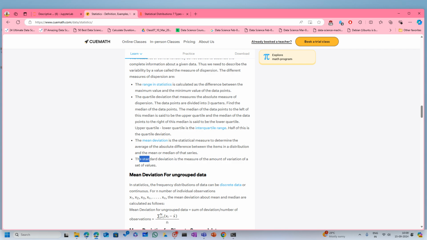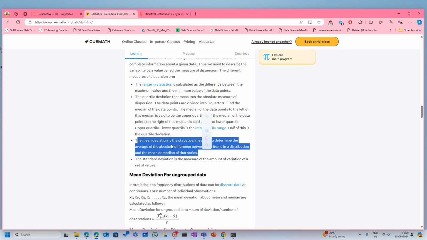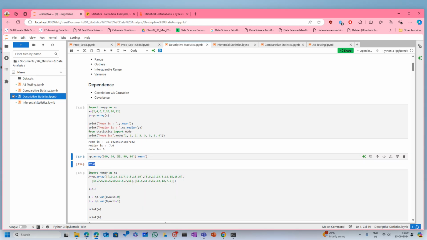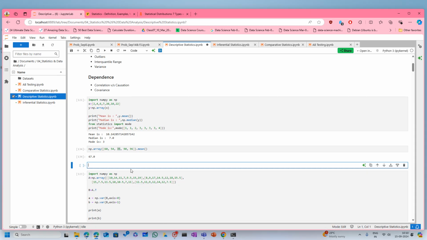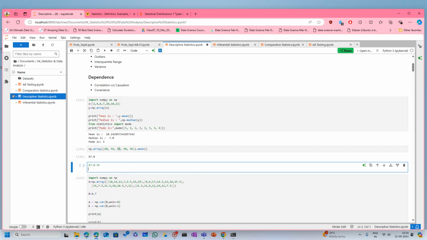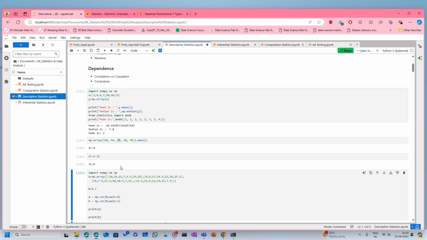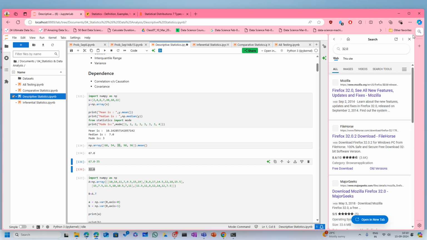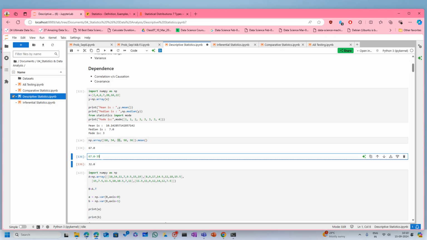If you do this mean deviation calculation, for example here, 67.0 minus 35, how far away is this person? 32 marks. This fellow fell short of securing the mean average number. So we say 32 is the mean deviation.